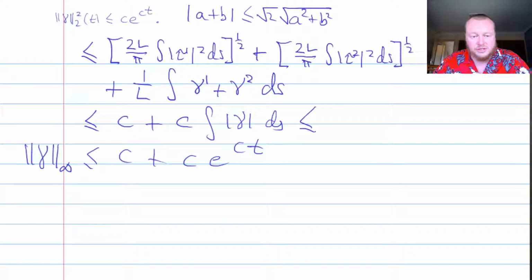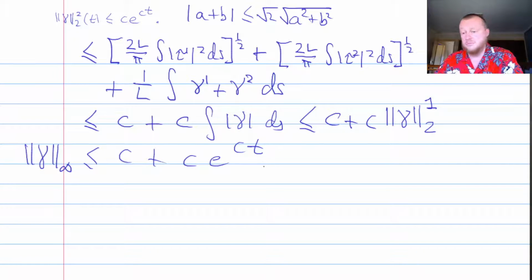And then to get to the norm of gamma squared, we have to use the Hölder inequality with 1 and the length of gamma. And that's going to give us a constant, depending on length, and the L2 norm to the power 1. Okay, and then when we do the L2 norm to the power 2, you have to take a square root, and so we'll have to divide this exponent by 2, but of course that's just going to give us a different constant, and we don't care, so like that.